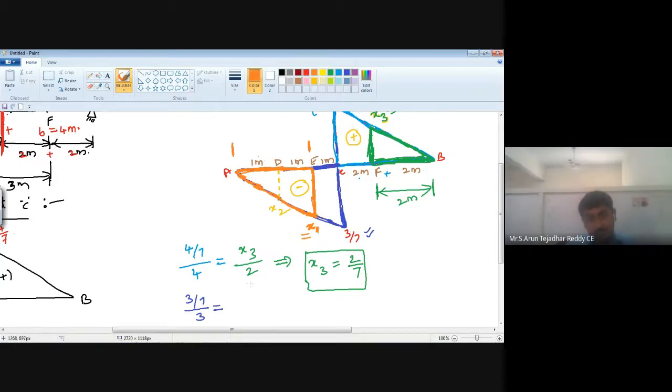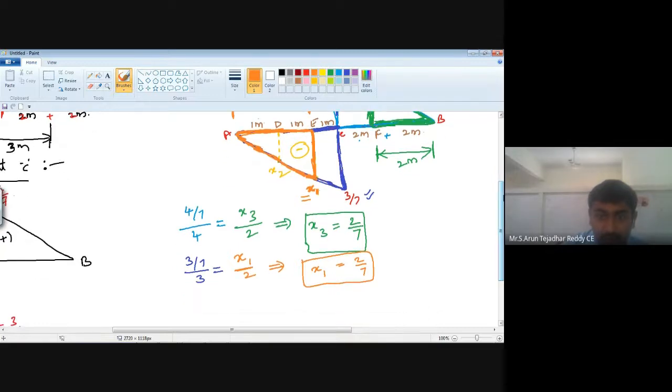So perpendicular is x1, base is 2 meter. From this one, what is the value of x1? That is also 2/7.